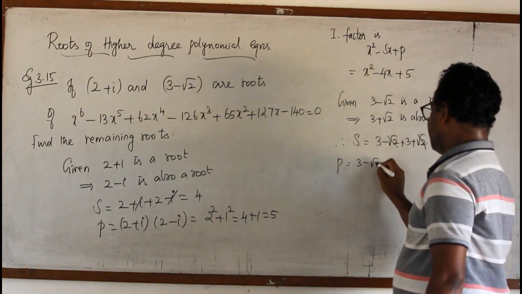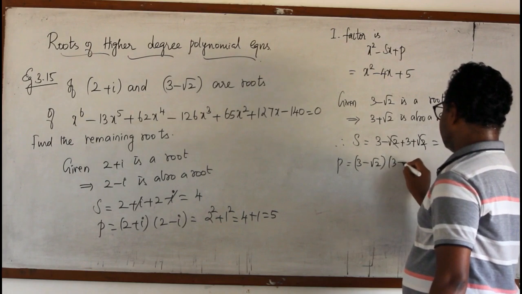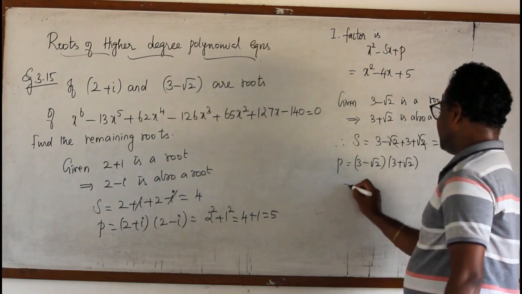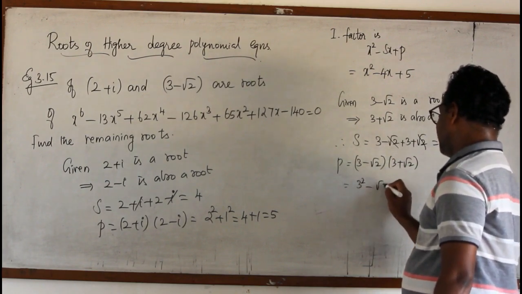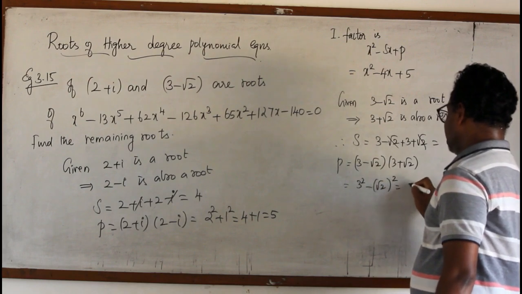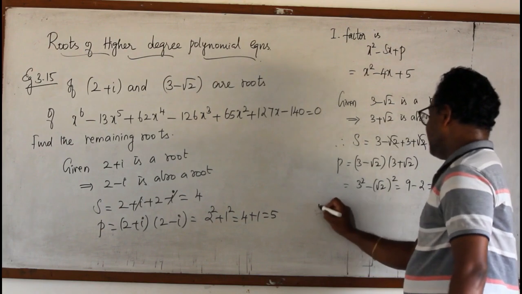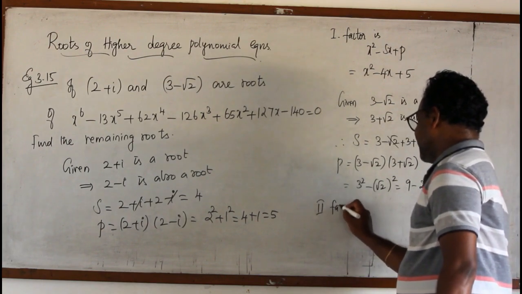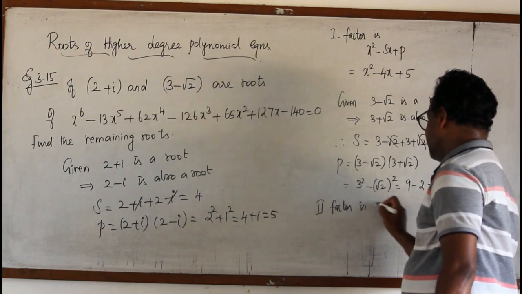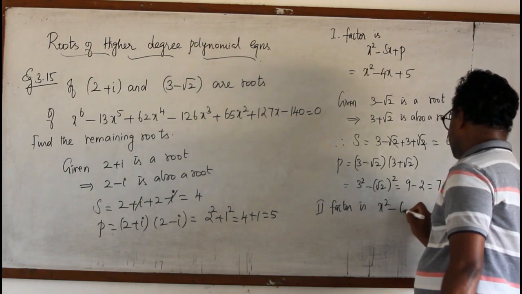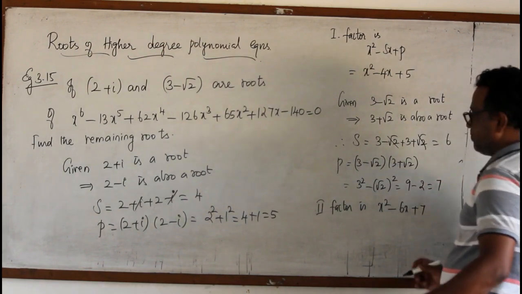Product is 3 minus root 2 into 3 plus root 2. a plus b into a minus b is a square minus b square, so it is 9 minus 2, that is 7. Therefore, we can write the second factor as x square minus 6x plus 7.